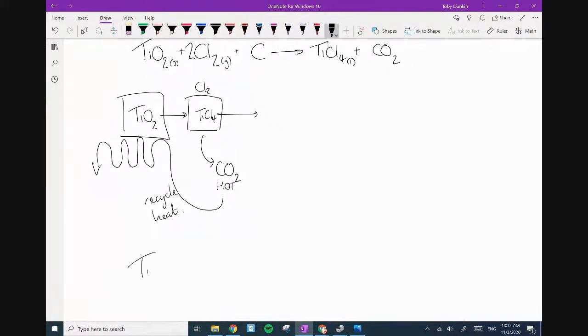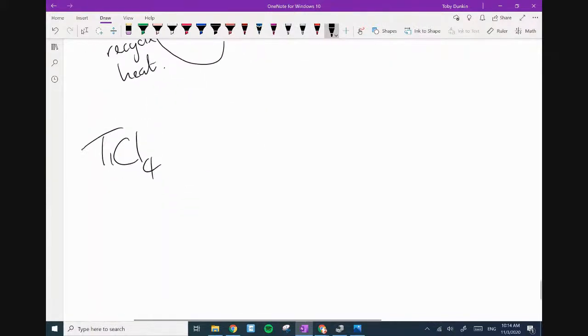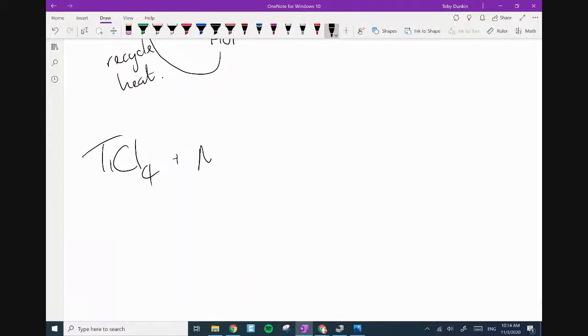We then take TiCl4, and now here comes the reduction. We now add magnesium metal. The magnesium metal reacts with it to form magnesium chloride and titanium. And for the equation, I need 2 of those and 2 of those, and I'm done. So I've now got titanium solid.